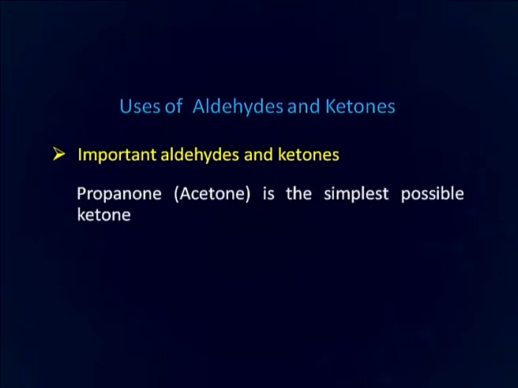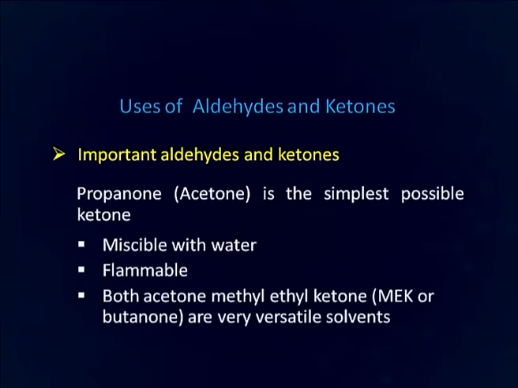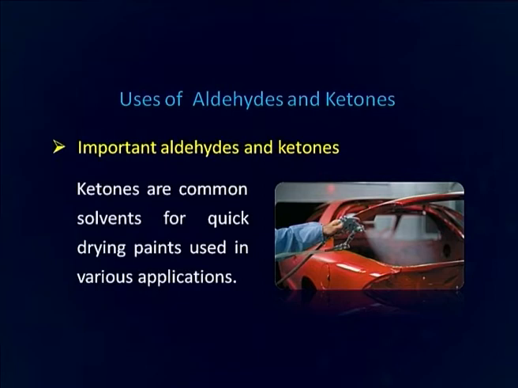Propanone, also called acetone, is the simplest possible ketone, which is miscible in water. It is inflammable, and both acetone and methyl ethyl ketone are very versatile solvents. Ketones are common solvents for quick drying paints used in various applications. Like in this particular case, you can see that the paint is utilizing ketone as solvent.